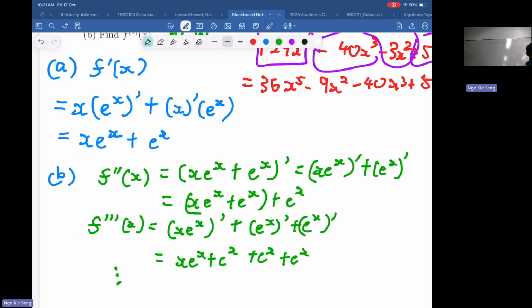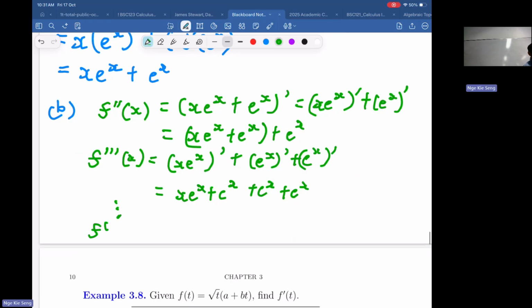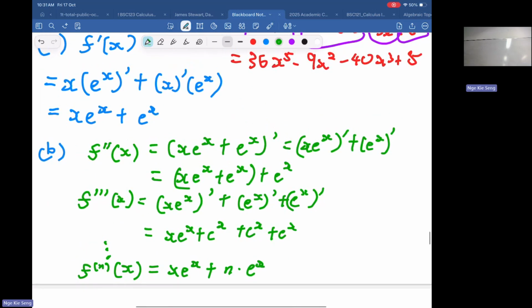So in general, f^(n)(x), differentiating n times, you get x e^x plus n times e^x. This is the formula. This is not quite a proof, but for now we will accept it. When you go to discrete mathematics, you will learn something called induction proof, which will be more rigorous.